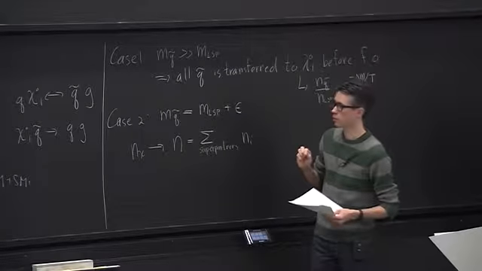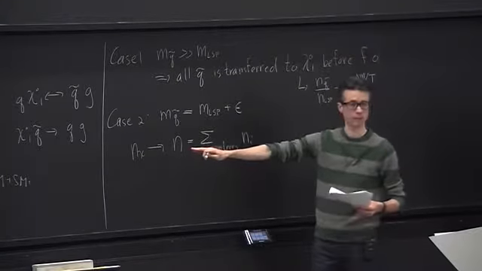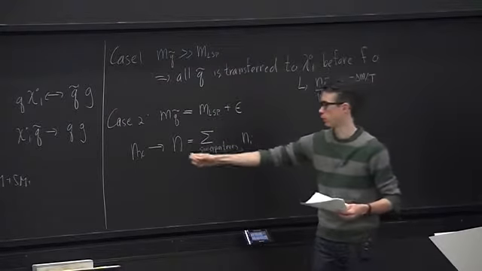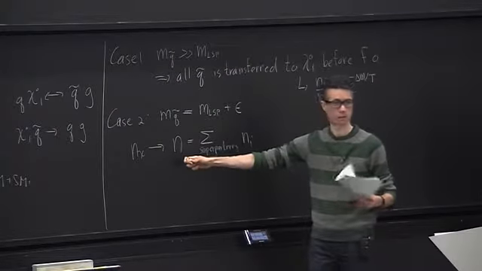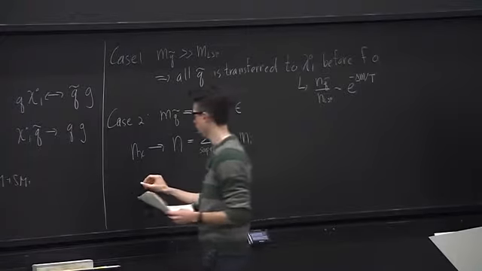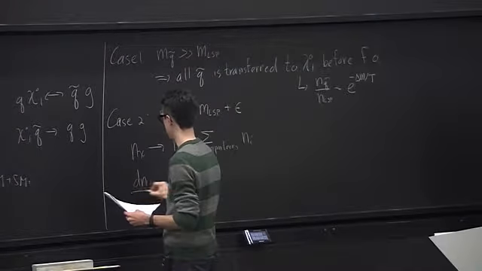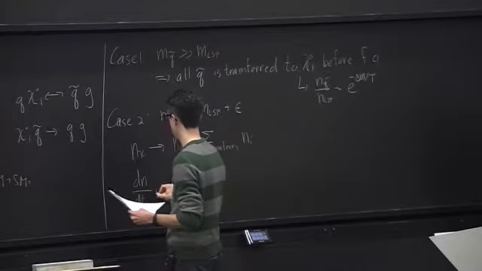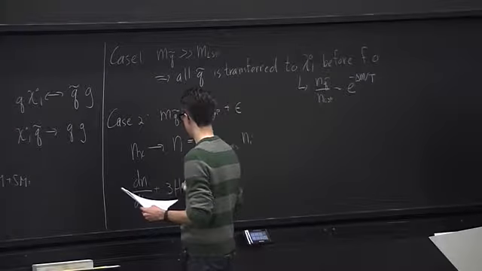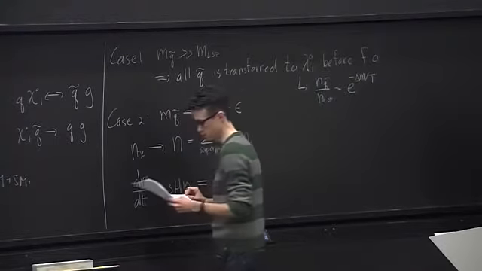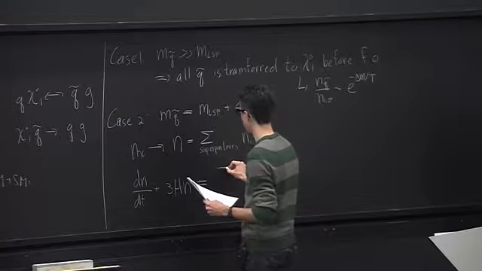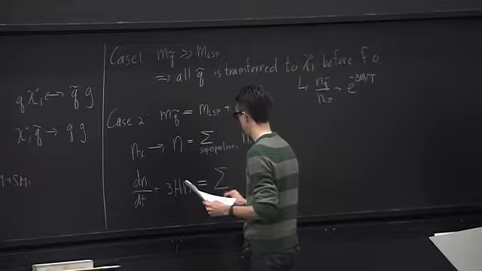And instead of writing a Boltzmann equation for just the LSP, I write down a Boltzmann equation for this total n density of all the superpartners. So what I get is my master equation, in this case, has a familiar form, dn/dt plus 3Hn, just like before. But now the collision term is a bit more complicated.